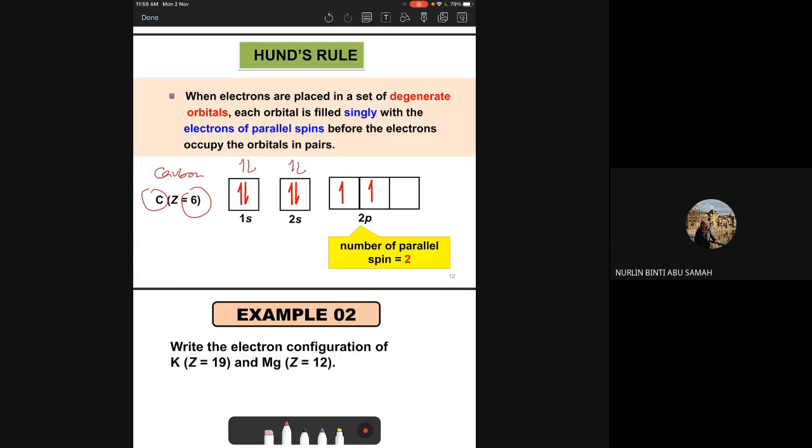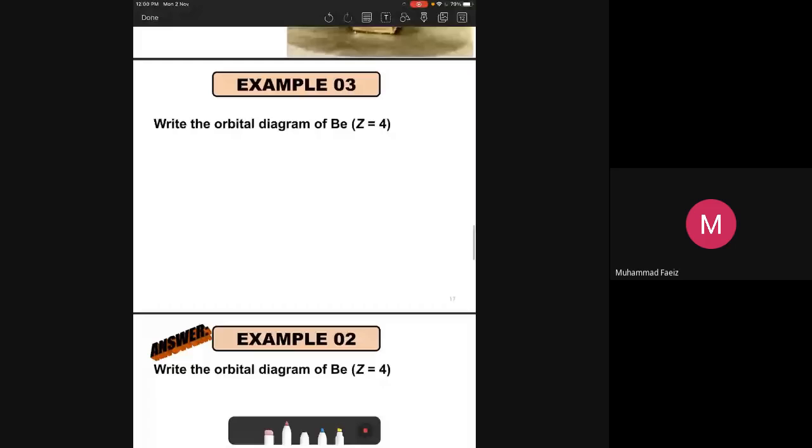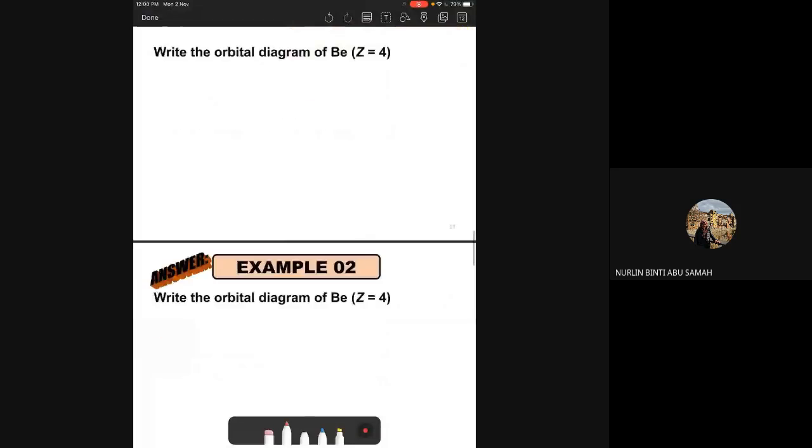So 2 elektron lagi isi pada 2p orbital, so kamu isi single. Kalau kamu isi macam ni, salah. Kamu kena buat dia single dulu. Itu Hund's rule. Okay? Boleh? Okay, good.